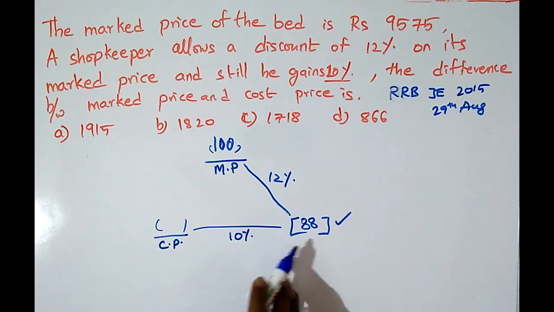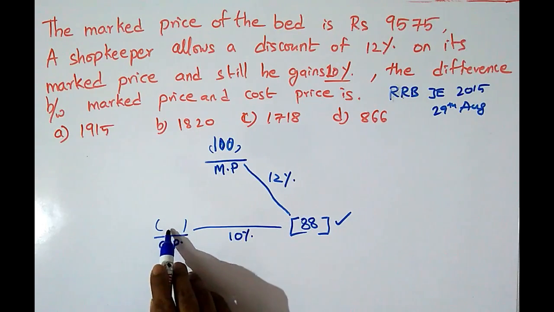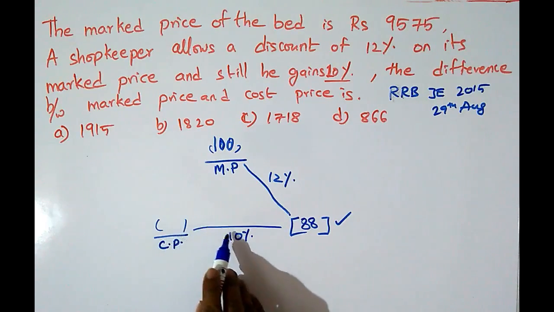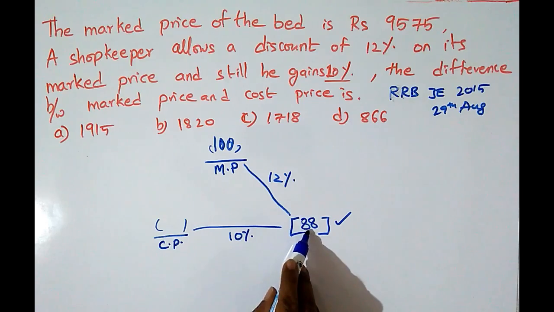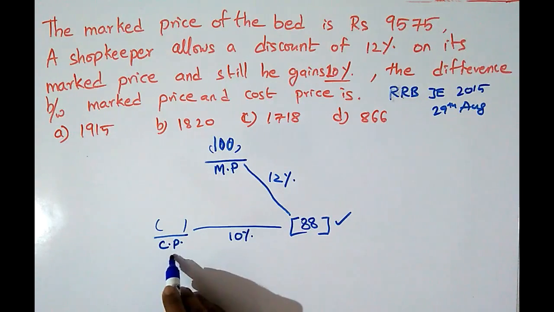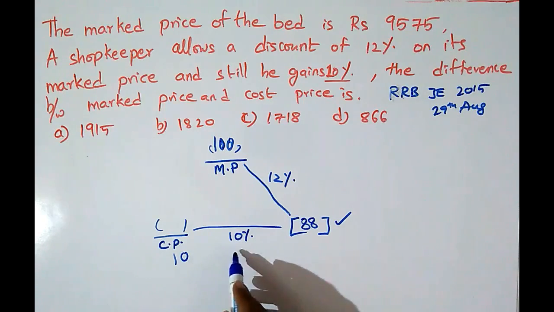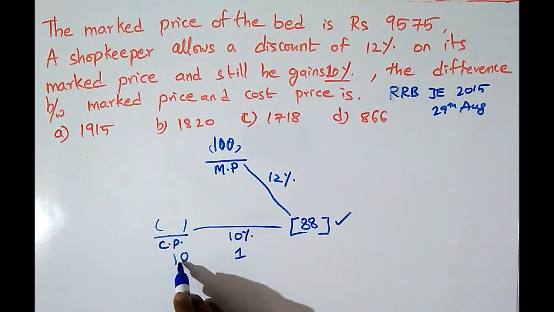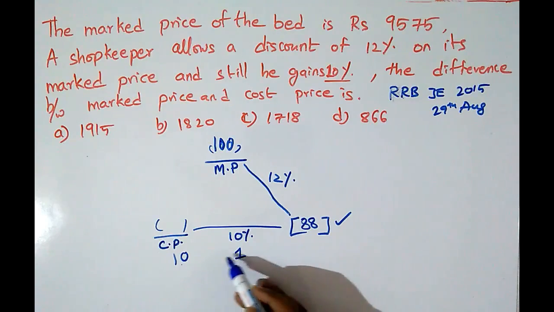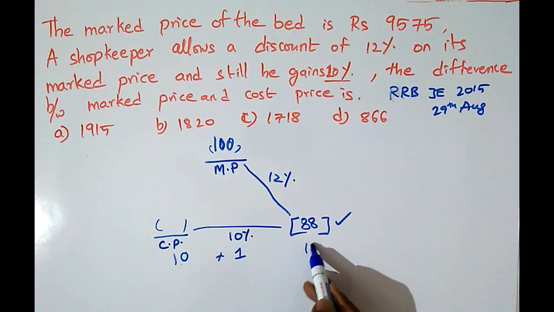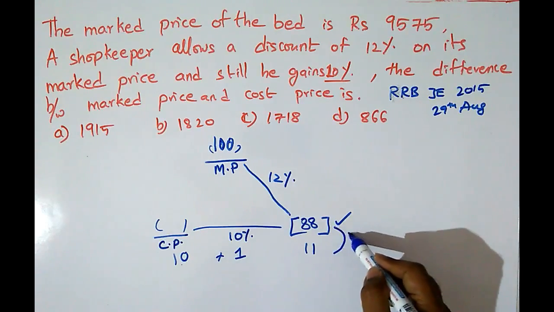Okay, friends. What should be the amount here so that after 10% profit, it will become 88? Suppose if I have 10 rupees, by adding 10%, that is 1 is the 10% of 10, by adding it I will get 11. Am I right, friends? This is a multiple of 8.